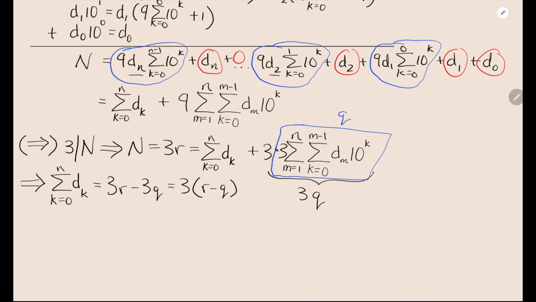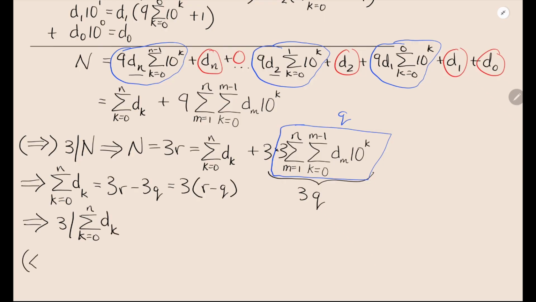But anyways, the point is r minus q is some other integer, and 3 times some other integer gives you the sum of the digits. So this implies that 3 divides into the sum of the digits. All right, that's pretty cool.